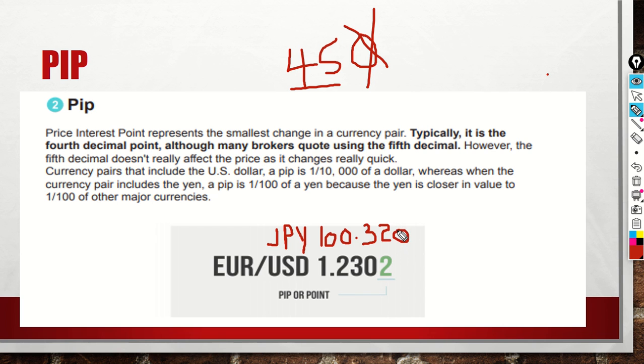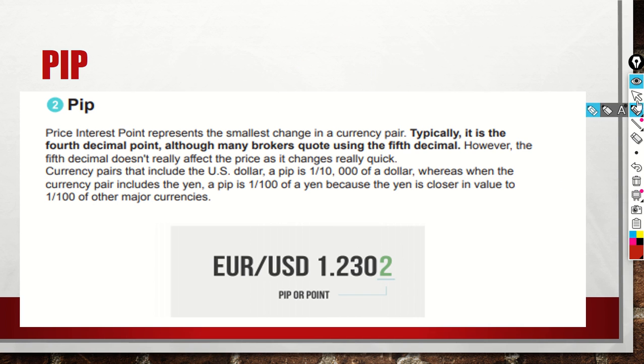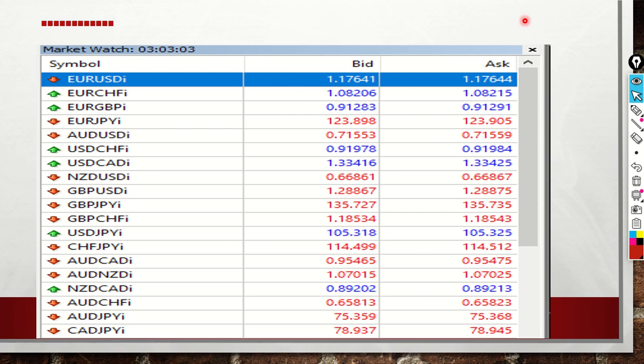What it means is that on any pair which includes a yen, your broker is going to offer you a maximum of 3 digits, with the last number being a fraction of a pip. Don't consider it. So from 4 we are going to 2, from 5 we are going to 3. I hope you understand that. In any yen pair, we don't have 4 digits after the comma. It's only 3 or 2 if they do not have a fraction of a pip. So this is what we call a pip, the smallest value change that is happening.